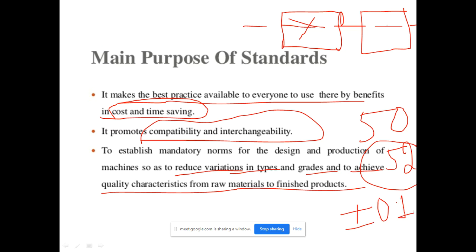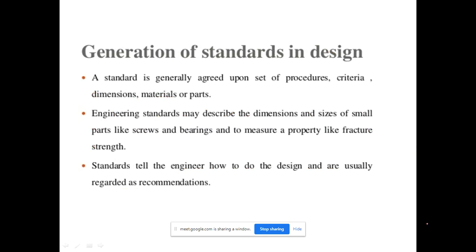So the variations must be very much limited, so that quality wise whatever product you are manufacturing should meet the customer requirement. Okay, so this is the main important purpose of all the standardizations. Next, come to the generation of standards in design.